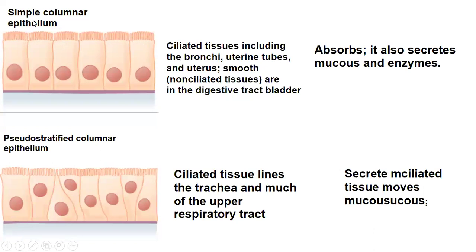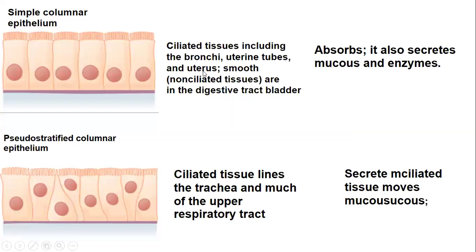Simple columnar, from the shape, column, shows hair-like structures referred to as cilia, from the word cilia. So these are ciliated tissues, including the bronchi.